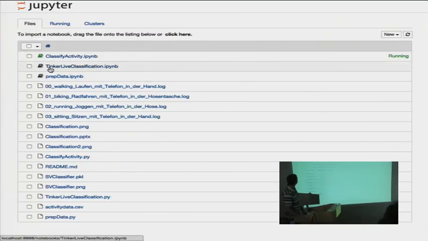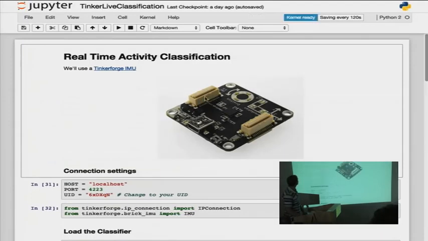I have here this file, Tinker live classification. Tinker because that's a TinkerForge sensor, and live because I'm now running it live as far as I can. And hopefully it will show you. First, let's take a look at it.